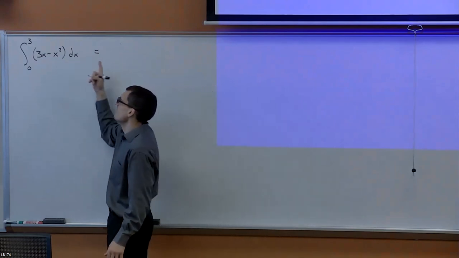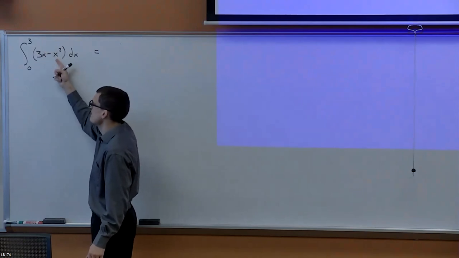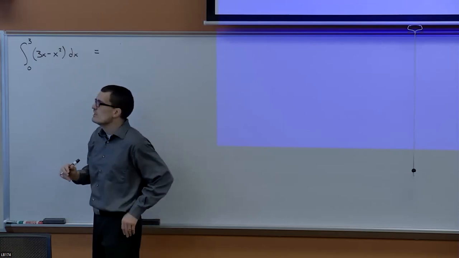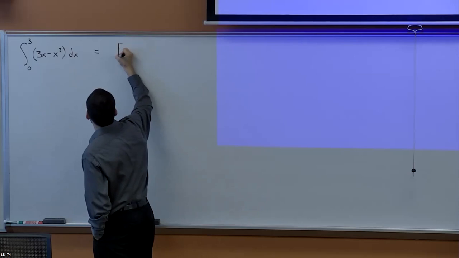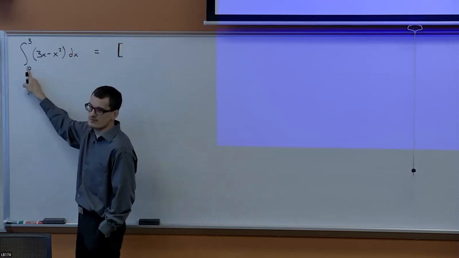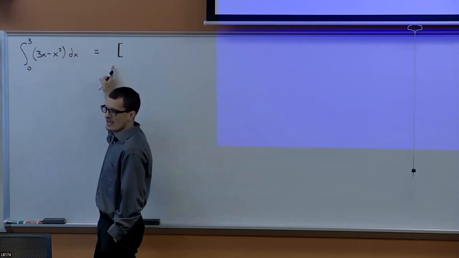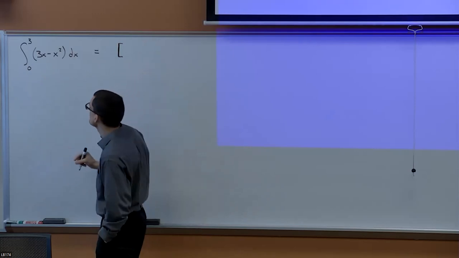When they find the antiderivative, and I'm going to find the antiderivative, and then I want to plug in 3 and 0, right? So the notation that the book uses, and I kind of like, is the brackets. So when I find the antiderivative, I get rid of the integral sign and I put the antiderivative in a bracket, square bracket.